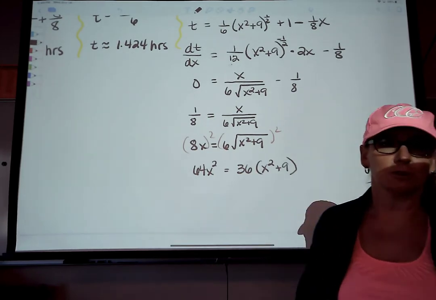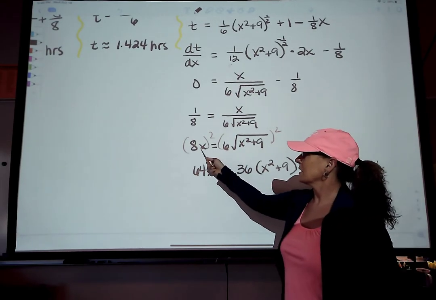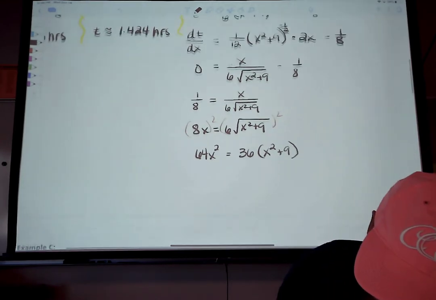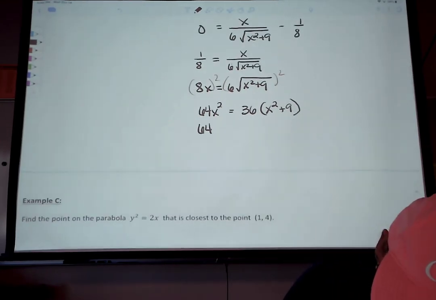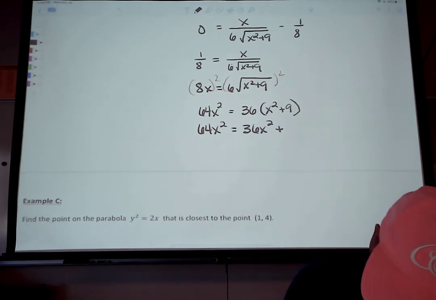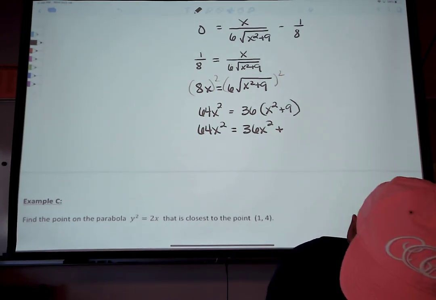Watch those algebra skills right there. Be careful when you're squaring. Be careful. Ooh. 324.